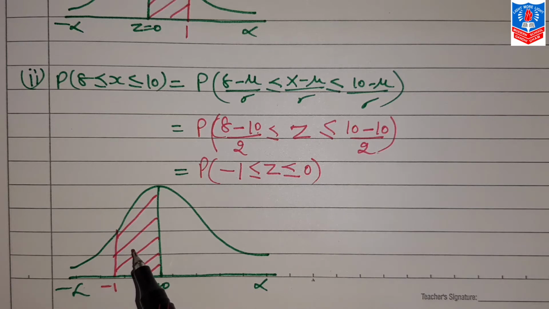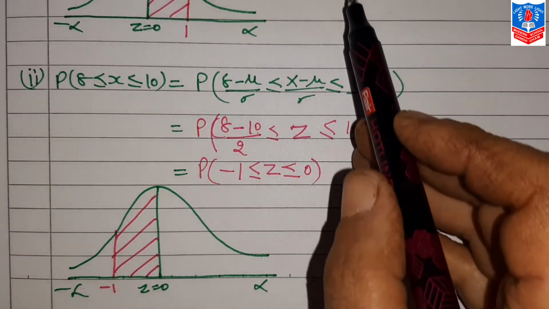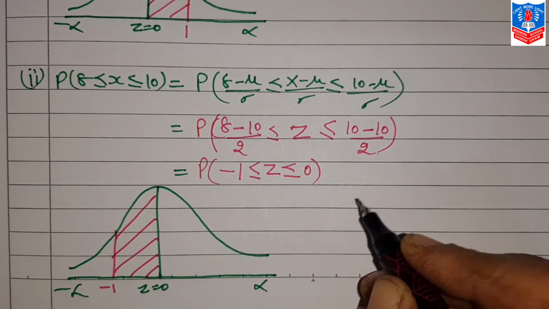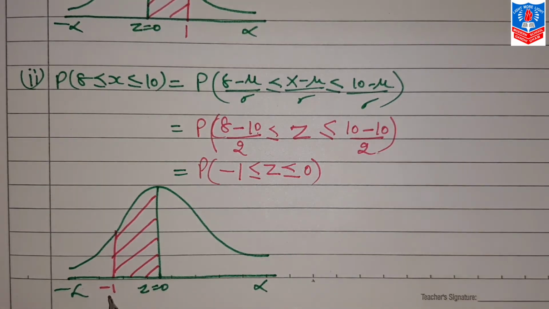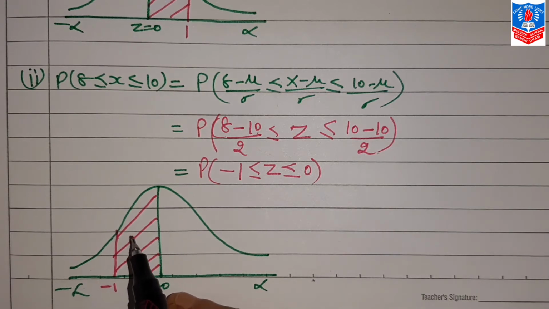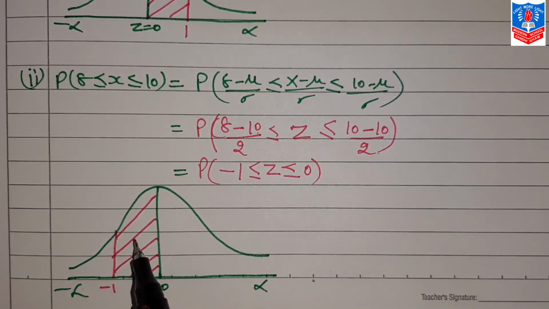Now you can find it with the help of Z table, because one value we just now found, 0.3413, is there. So the same value will be there, because here we write the minus sign only to show which area. That time we ignore the minus sign, because the area will be the same whether it is on the left hand side or right hand side when we see it in Z table.